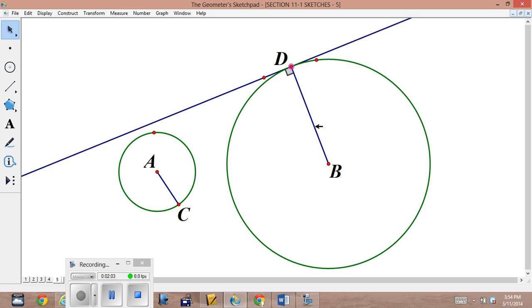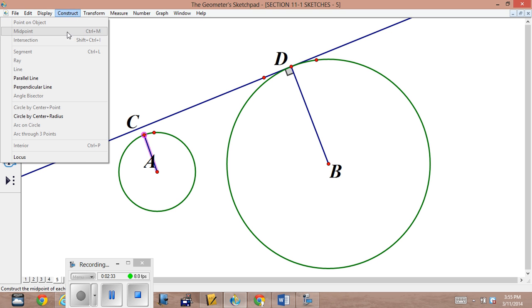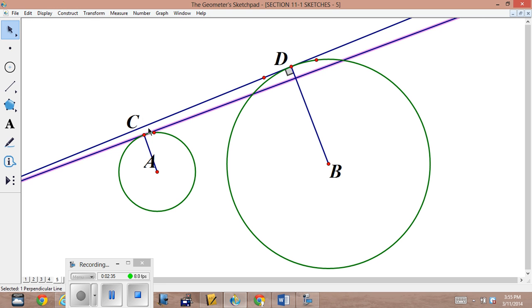Now we're only concerned with this one that is going to meet this at a right angle. That's a little hard to do, so we're going to swing our radius around. We're going to try to force this to happen. It may or may not happen, but we're going to try to get the best image we can. What we want to do is create a perpendicular to this radius at that point of tangency, and swing these around so that they line up and become one.